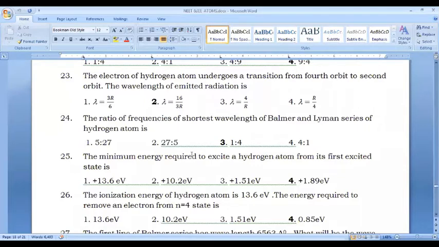The electron of a hydrogen atom undergoes a transition from fourth to second orbit. The wavelength of the emitted radiation is?